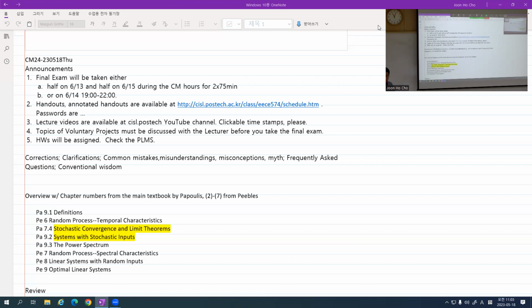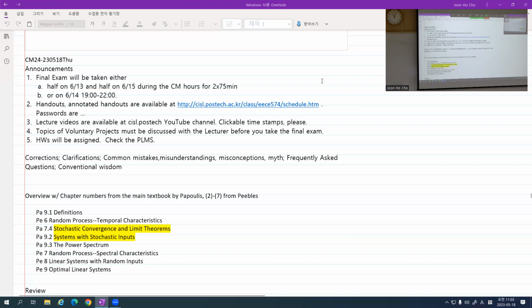The topic must be approved by me, and the format of your deliverable is a recorded presentation of you and the PDF or PowerPoint file of that presentation. It must take more than 15 minutes and probably less than 20 minutes. So around a 15 to 20-minute presentation is required for the voluntary project.